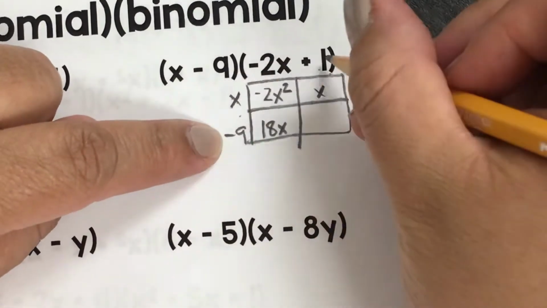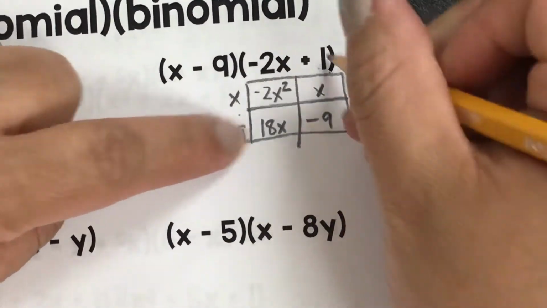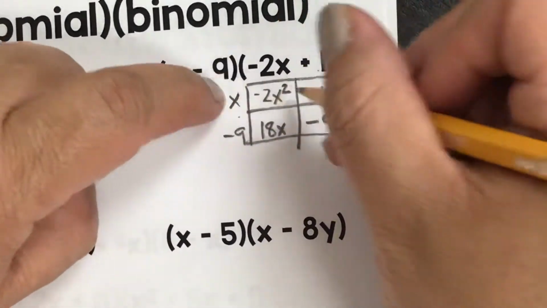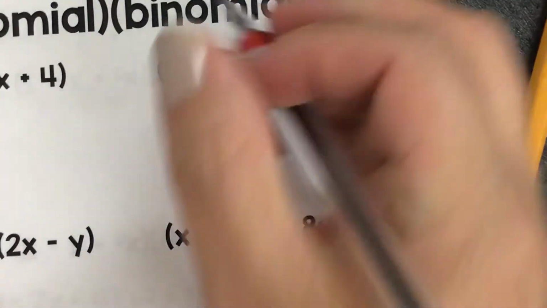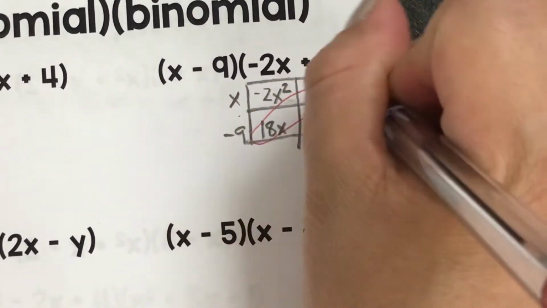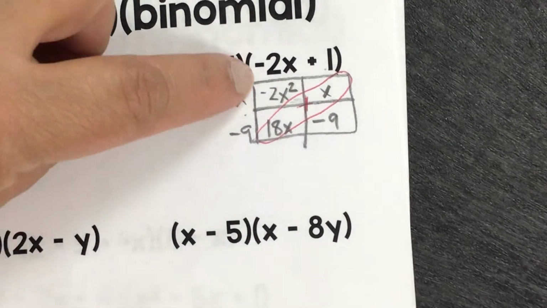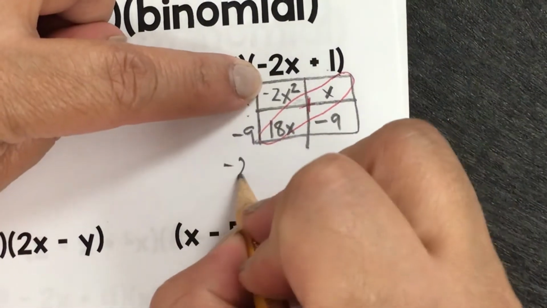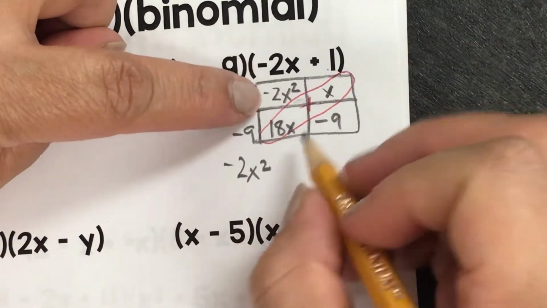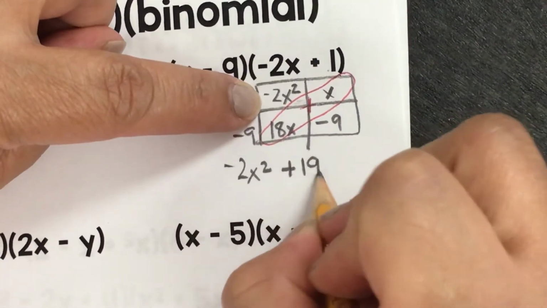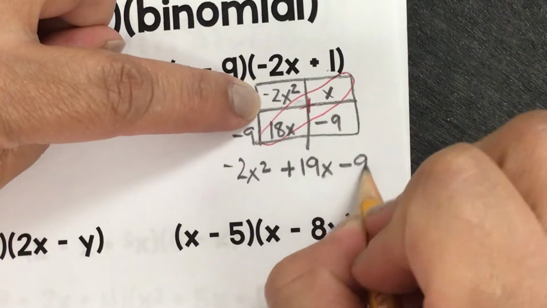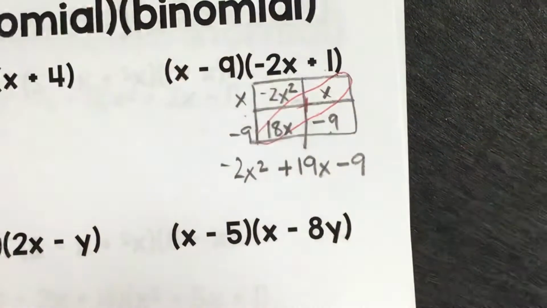And then negative 9 times 1 is a negative 9. So we're multiplying to get the numbers in. Once we have them multiplied, though, the like terms we're going to put together. And that means we write this one first, negative 2x squared, and that would be plus 19x minus 9 as your final answer.